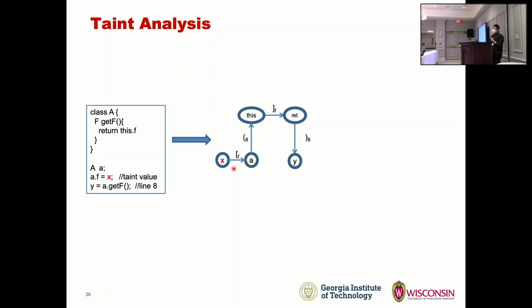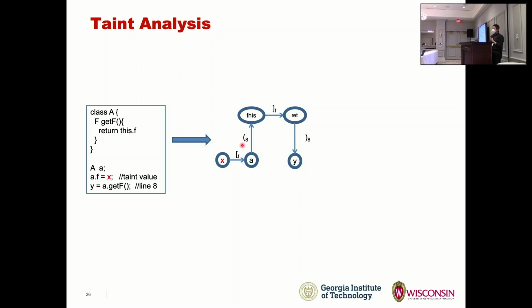If we model this as a graph reachability problem, we can see that now we have yet another Dyck language involved in this whole thing. The brackets represent field read and write, which we have already talked about. And the parentheses correspond to function calls and returns.